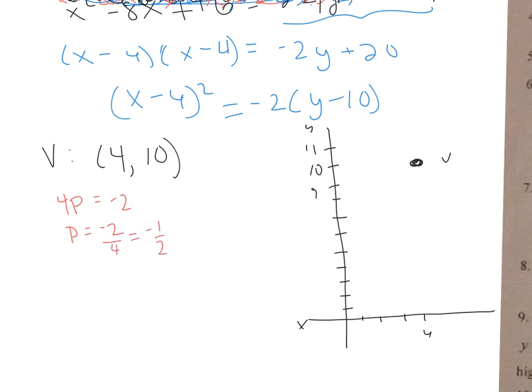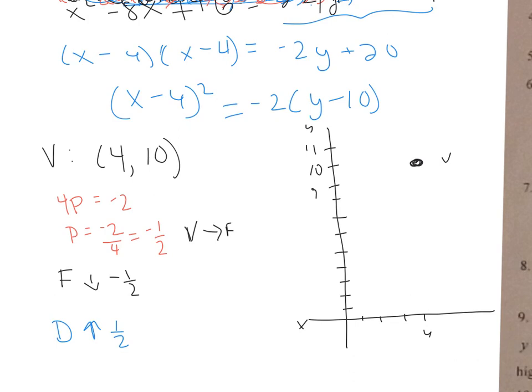All right, so remember, p is the distance from vertex to focus. So since it's a negative 1/2, that means my focus from my vertex is actually going to be down 1/2. And my directrix has to go in the opposite direction because my vertex is in the middle. That means it has to be up 1/2. All right, so let's start with my focus.